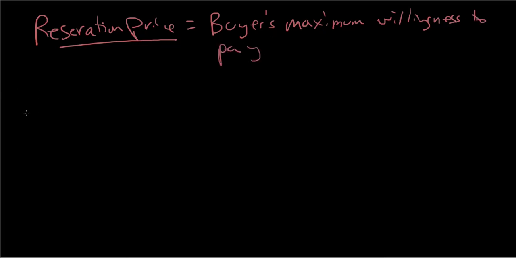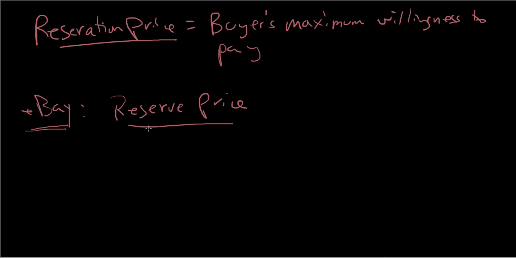And then, if you're familiar with eBay, I'm pretty sure some of you have purchased something or sold something at eBay. On the eBay auction site, there's something called the reserve price, and the reserve price is set by the seller.